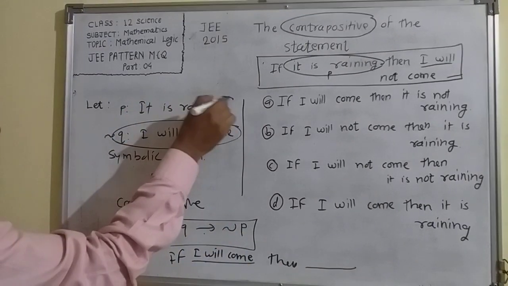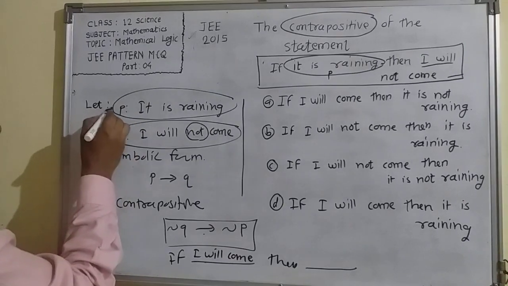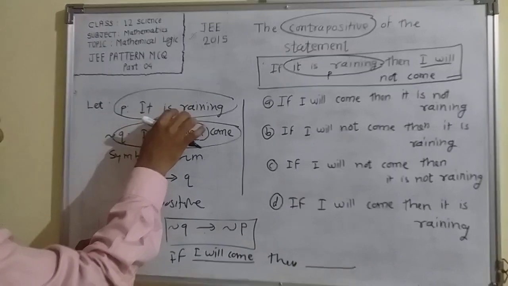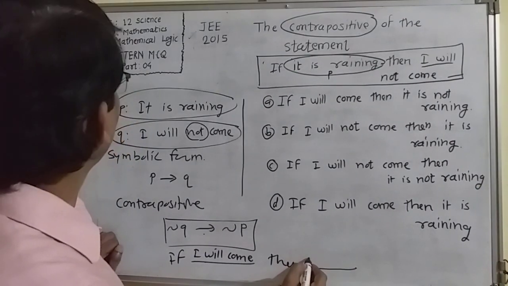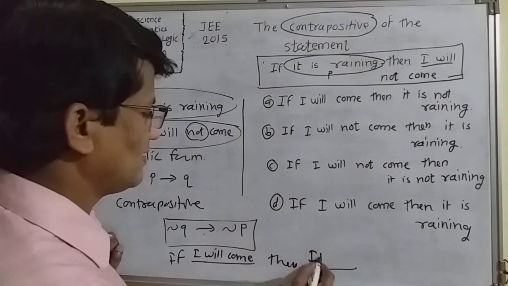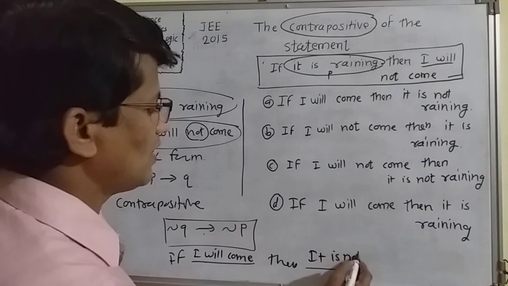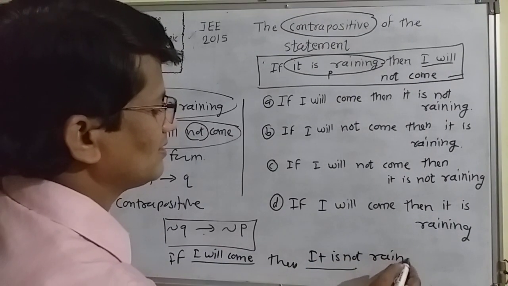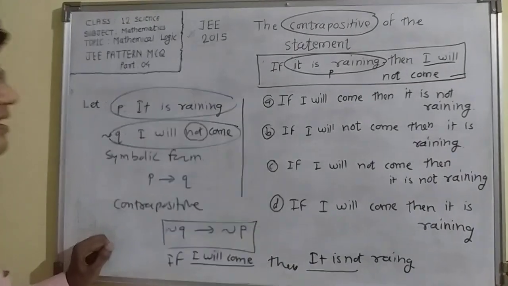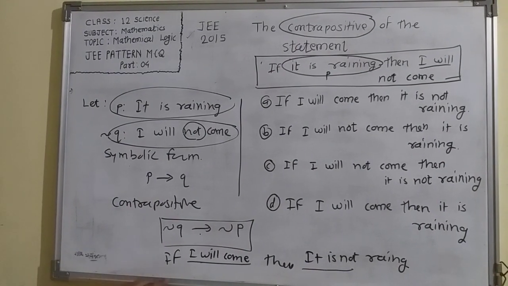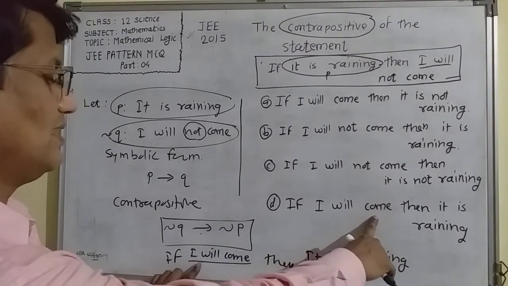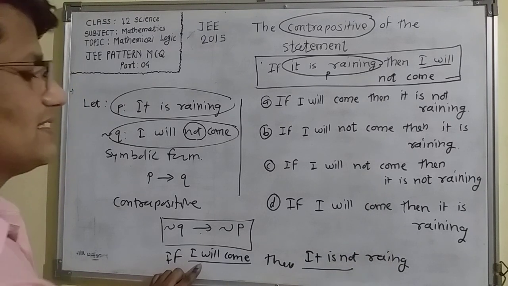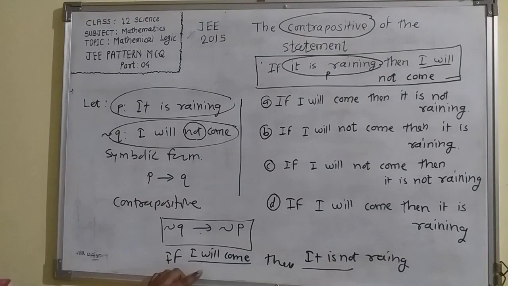P is here. Use the negation of this. Use not here. Then here it is not raining. This is the answer. Now see, if I will come, then it is not raining.